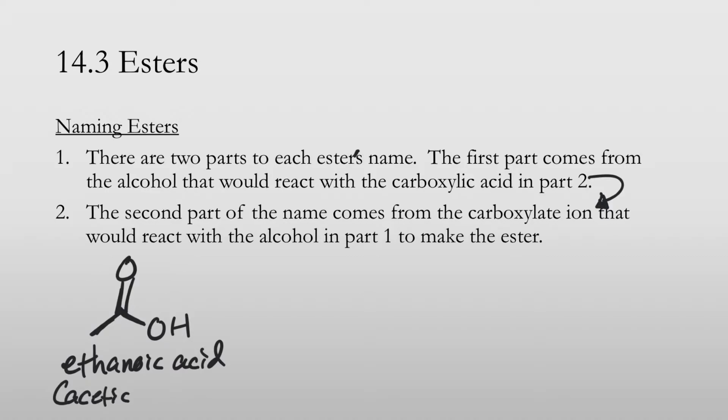Again, this comes from vinegar. I find it funny that acetic acid literally means acid because acetic is Greek for acid. When that reacts with methanol, it makes the compound here.